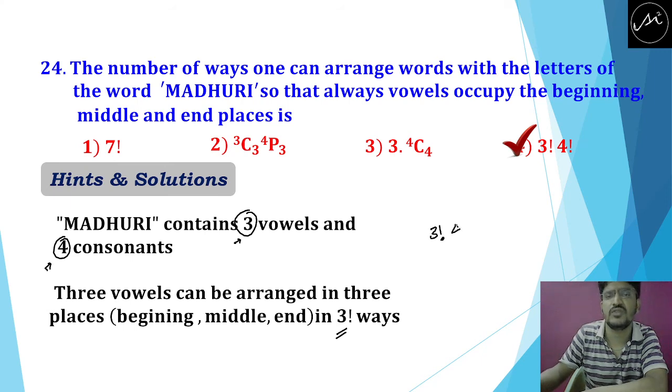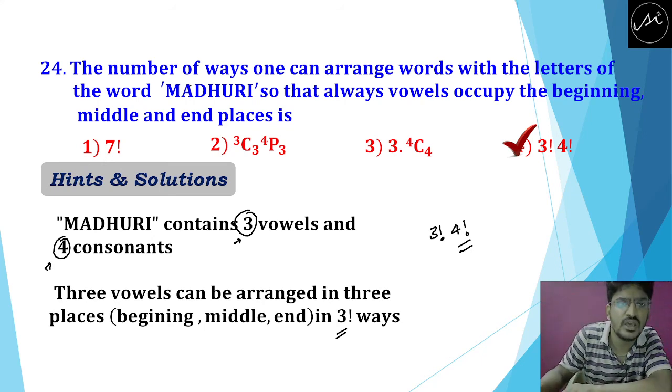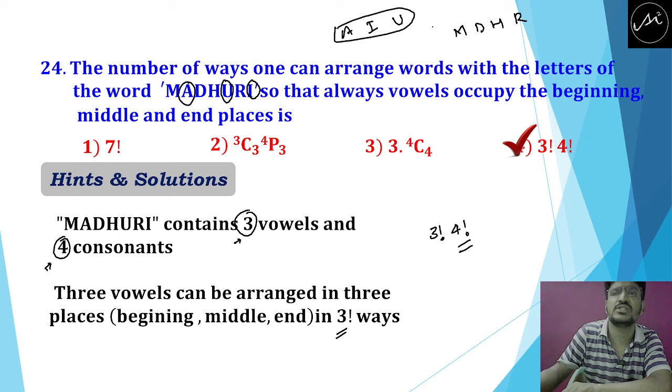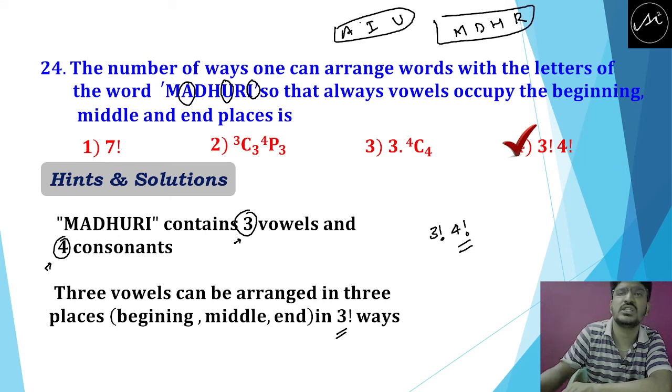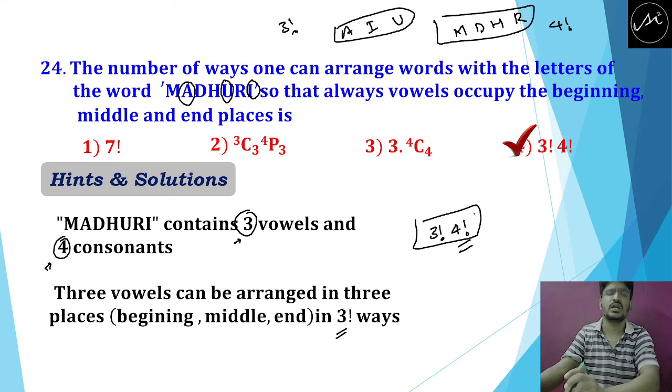So therefore 3 factorial into 4 factorial will be the right answer, because A, I, U are the vowels and the remaining consonants are M, D, H and R. So 3 vowels can be arranged in 3 factorial ways, and the 4 consonants in 4 factorial ways.